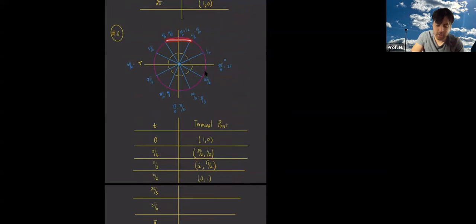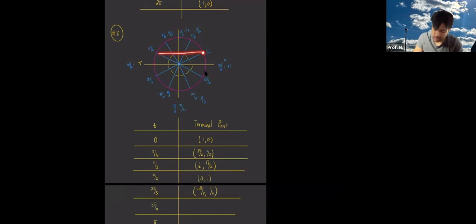But if you reflect it across the y-axis, what you're negating is the x-coordinate. So the x-coordinate will be what? It would be negative rad 3 over 2, positive 1/2. Do you guys see that? 5 pi over 6 is directly across the y-axis from pi over 6. So the x-coordinate again is negative, the y-coordinate is positive.